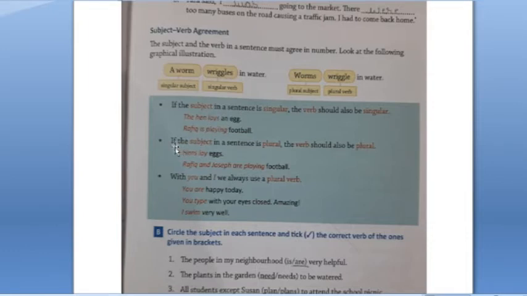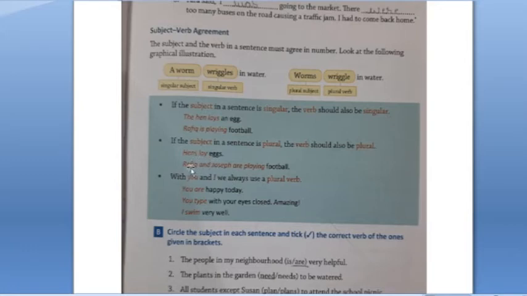Now the second point is, if the subject in a sentence is plural, the verb should also be plural. Here, hens lay eggs. Hens is plural, so many hens, more than one hen, and the verb is lay. Lays is used for singular subjects and lay is used for plural subjects.